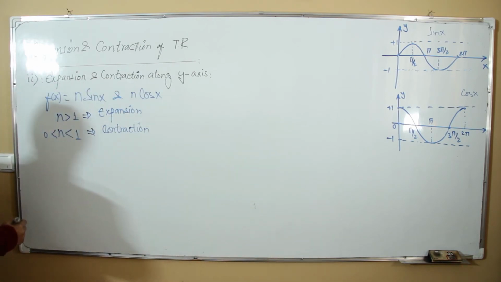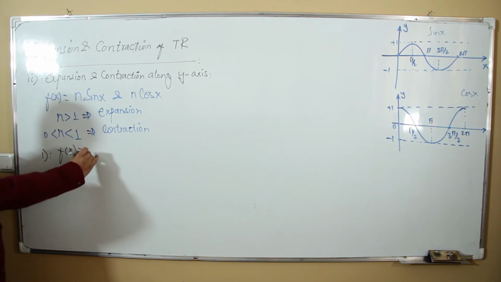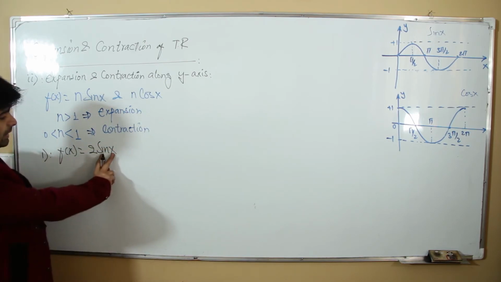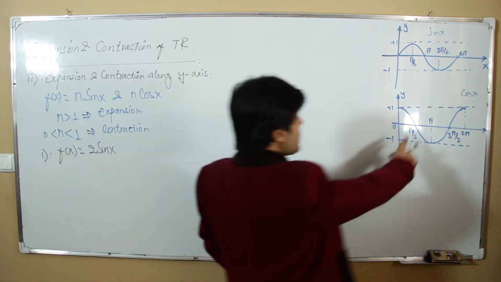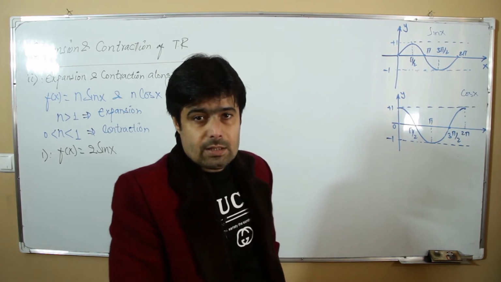By the way, our first example: if I have f(x) = 2 sin x, what does it mean? Now sin x, this is our sin x. It means our period is the same as it is.